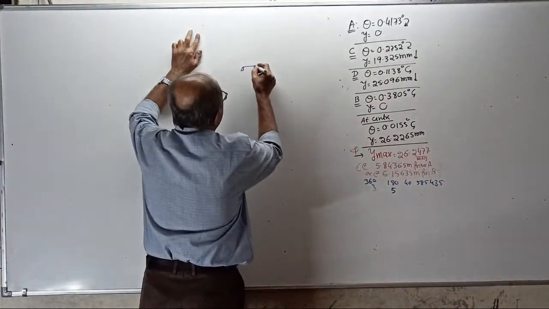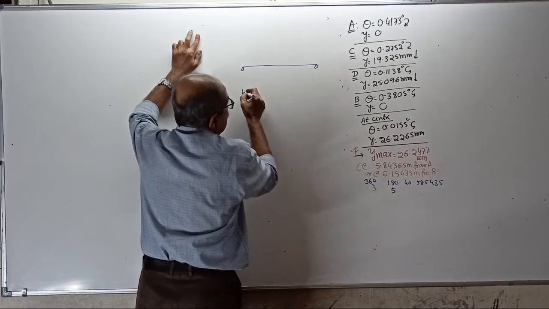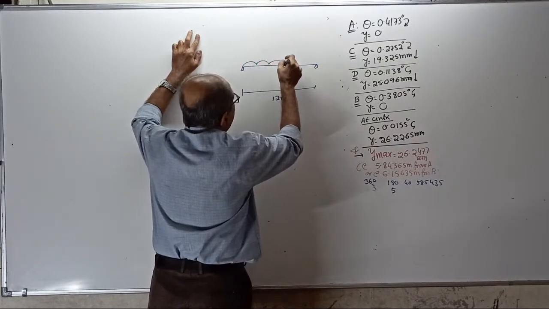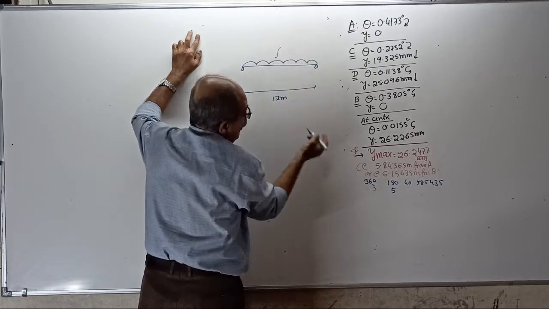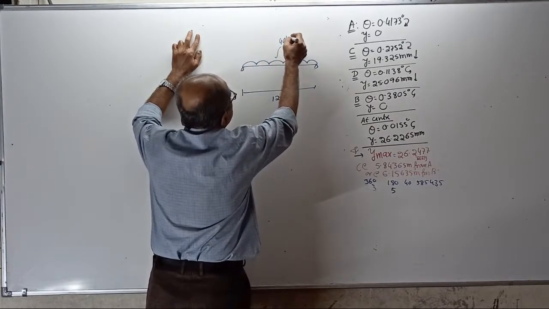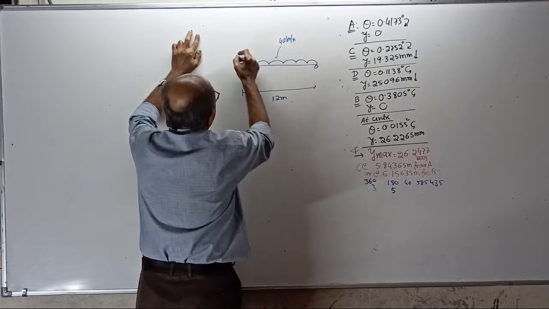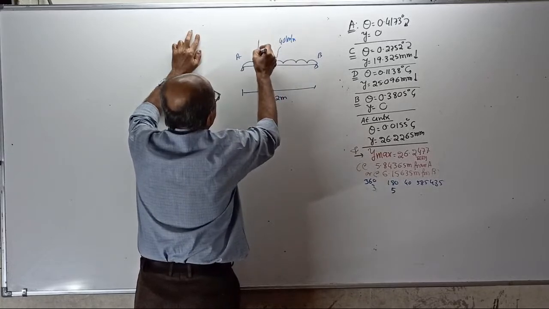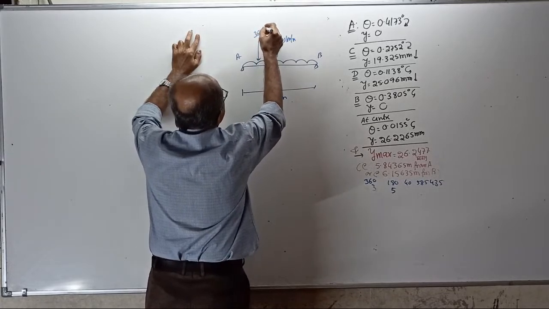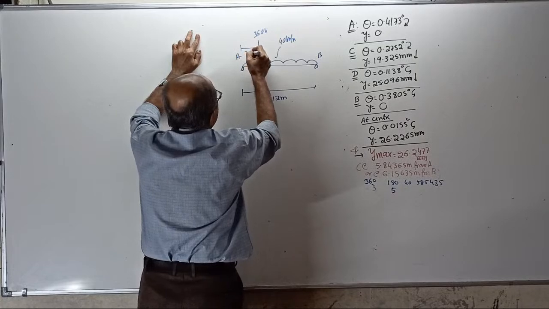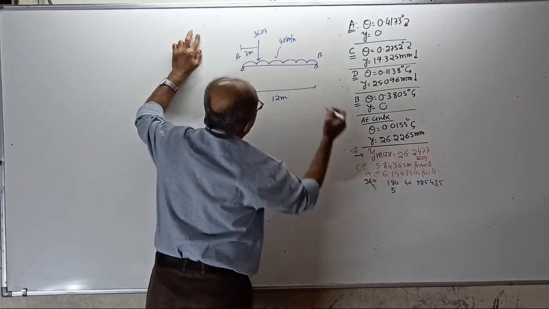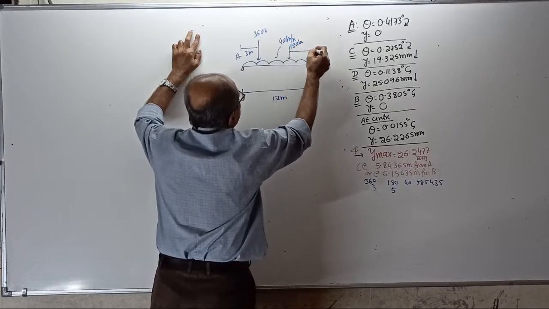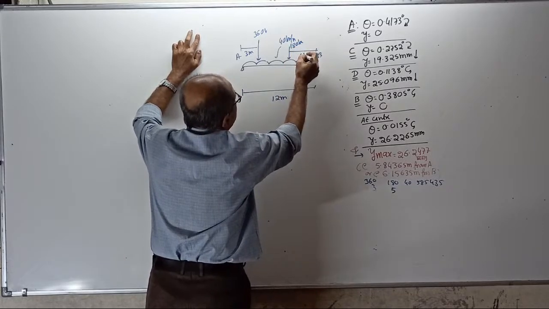A simply supported beam is of span 12 meter. It is loaded by a UDL of 40 kilonewton per meter over the entire span. I will call this end A, this is B. And a point load of 360 kilonewton at 3 meter from the left end, and another point load of 180 kilonewton at 5 meter from the right end.